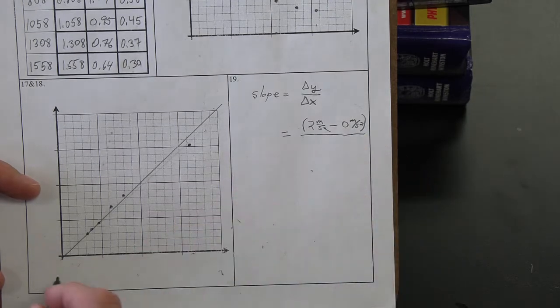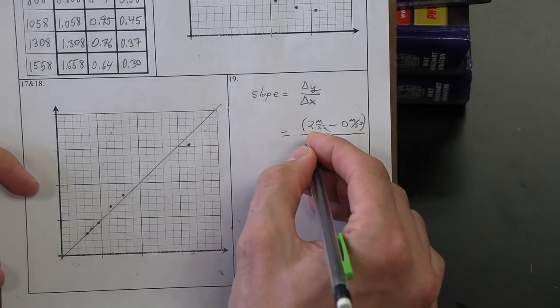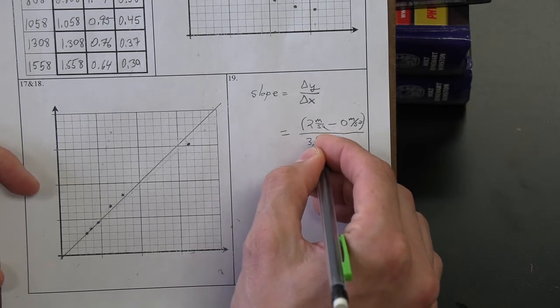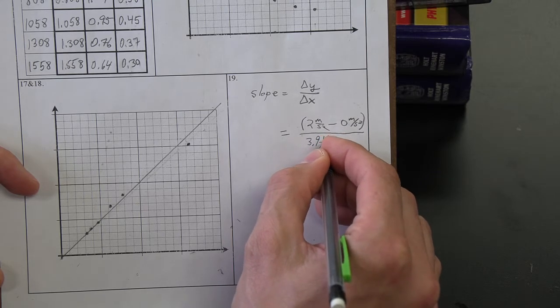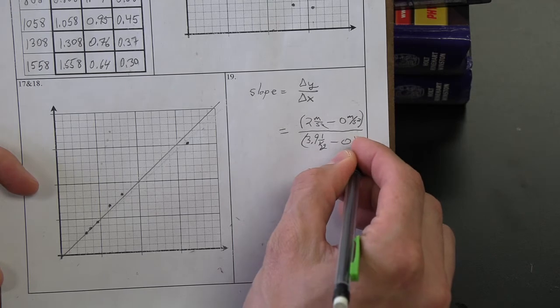And then this way, I'm starting between 0 and what was this? I would say maybe like 3.9. Okay, so 3.9 is the final, 1 over kilograms minus 0, 1 over kilogram.